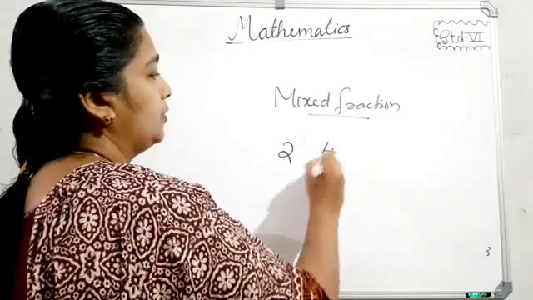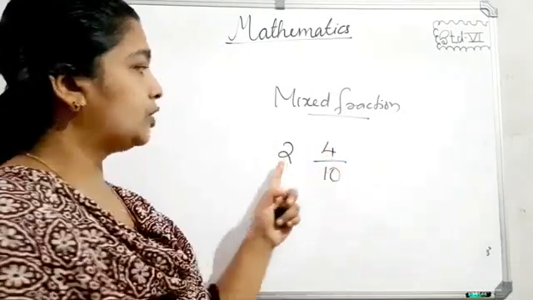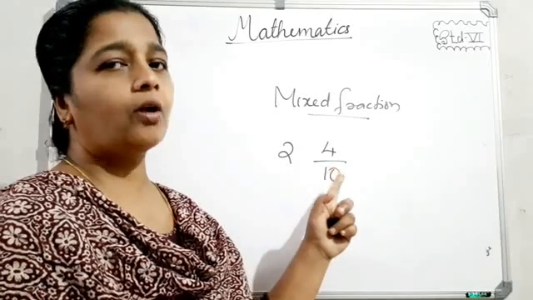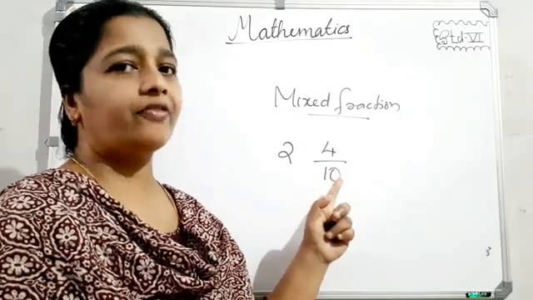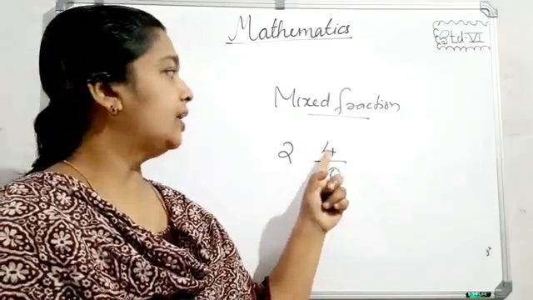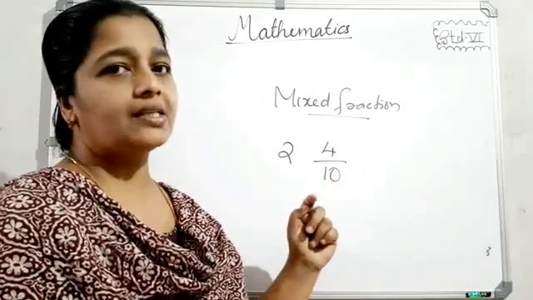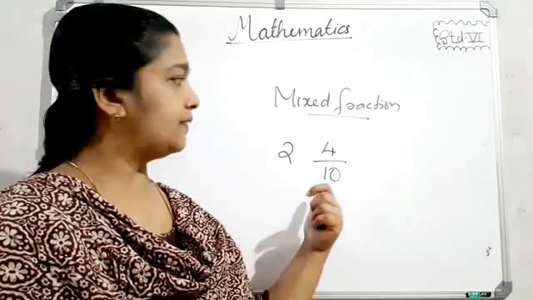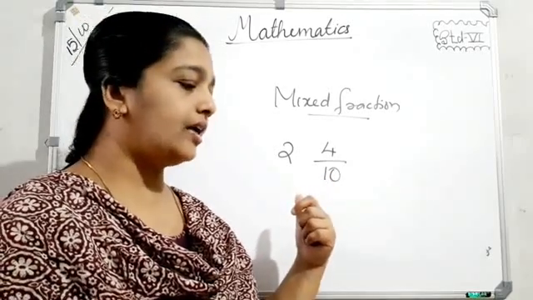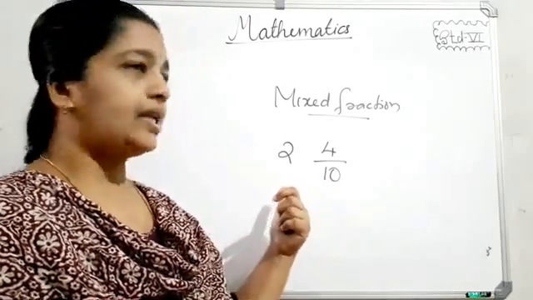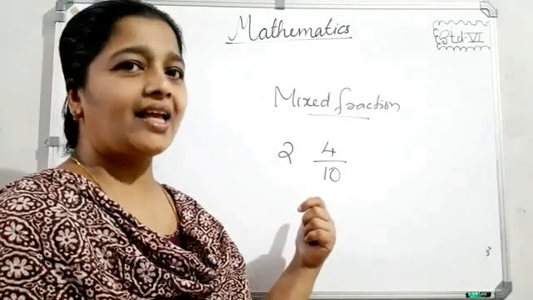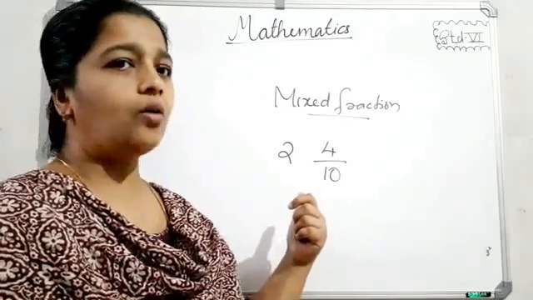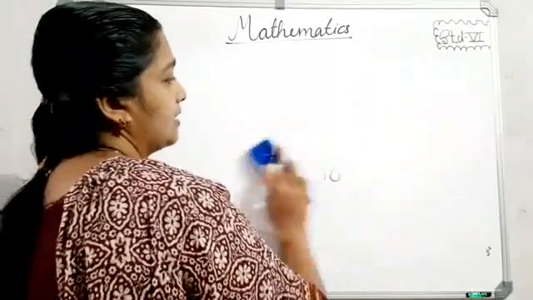Example, 2 into 4 by 10. Here 2 is the whole part and 4 by 10 is a proper fraction, that is, the numerator is less than the denominator. So the combination of a whole part with a proper fraction is called a mixed fraction. Understand? Yes.